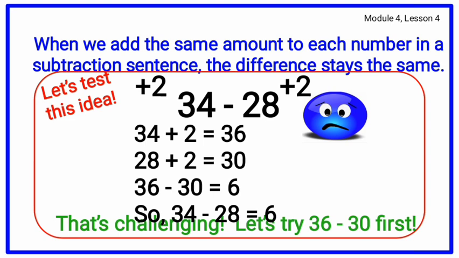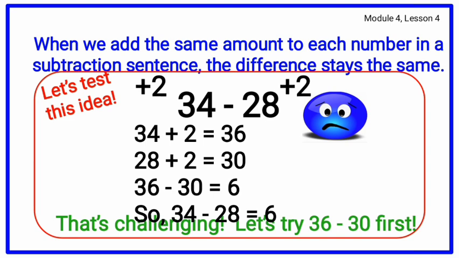Now the reason I'm bringing my number to a 10 is because it is easier to subtract when the numbers are in tens. You just subtract the tens and you get your answer. Okay, so instead of me thinking of 34 minus 28, which is challenging, I am solving 36 minus 30 and the answer is 6.